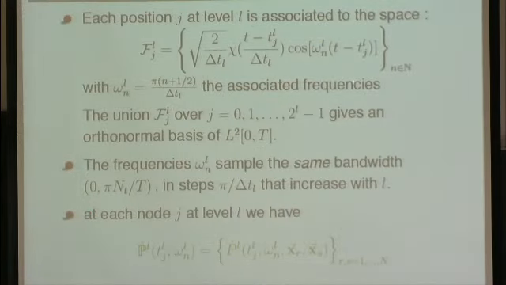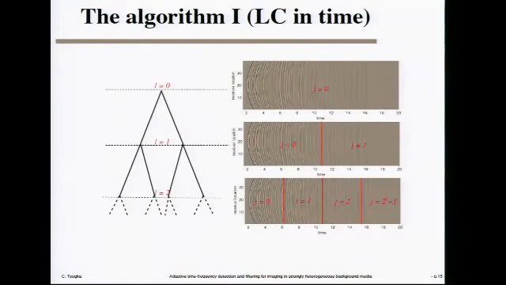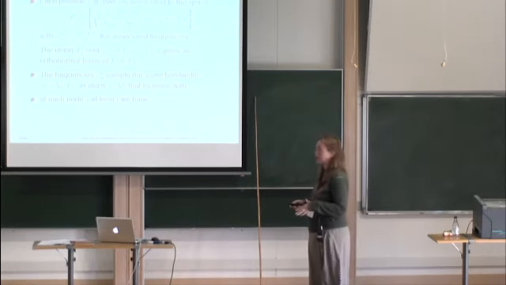So I have the cosine functions, and chi are smooth windows, in order to cut the data without introducing oscillations. What is important is that if I fix the level and take the union of the spaces over J, then I have an orthonormal basis of L2, and this is important because it means that we don't lose any information while doing this decomposition.